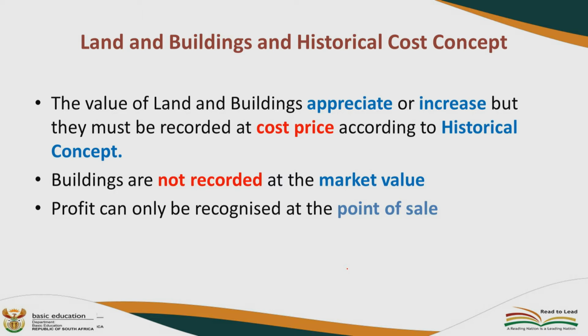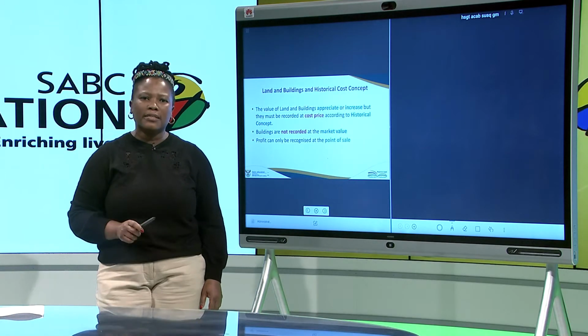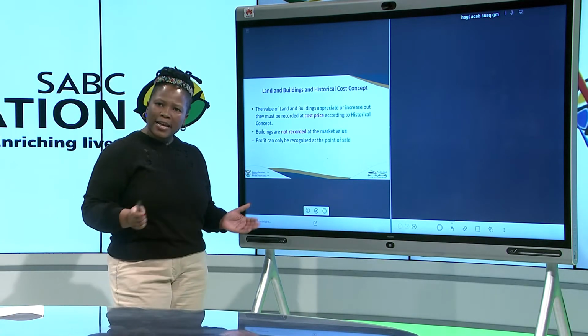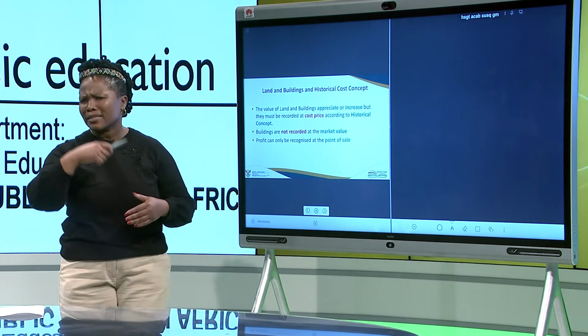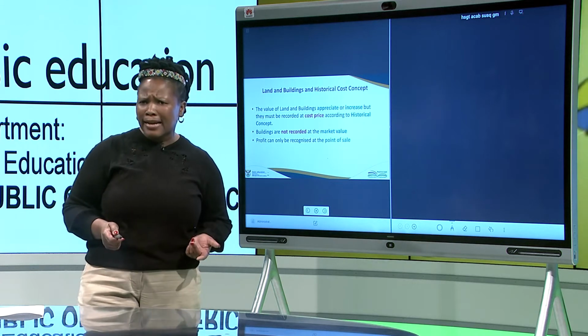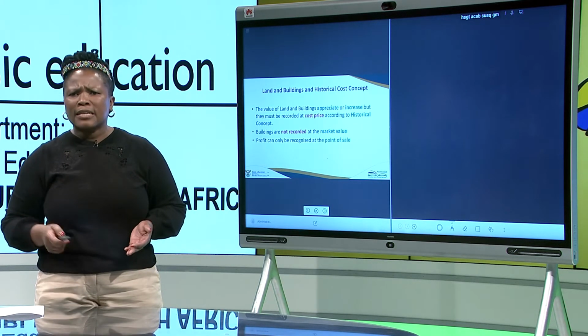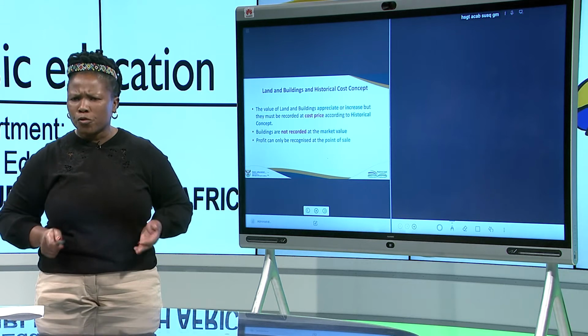So it's very important that we follow that, we comply as a business. Because if you decide as a business to inflate your land and buildings because maybe the property might have appreciated in the property market, that is going to create problems for you.